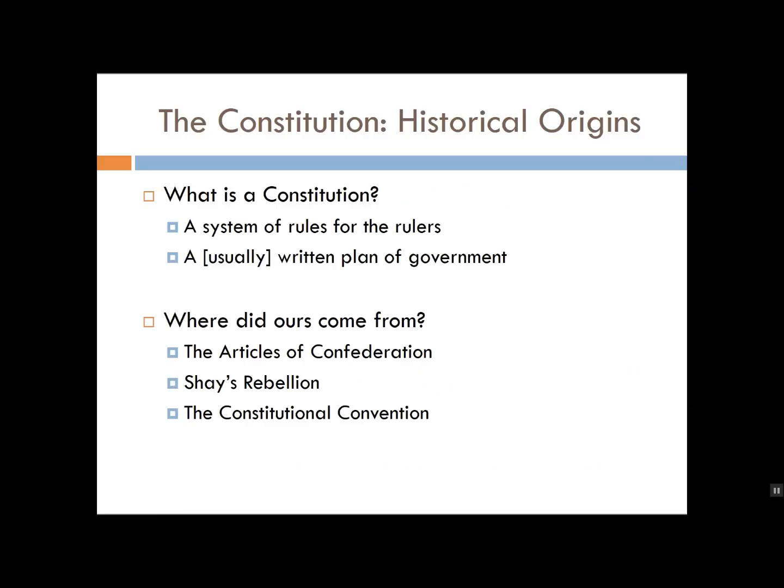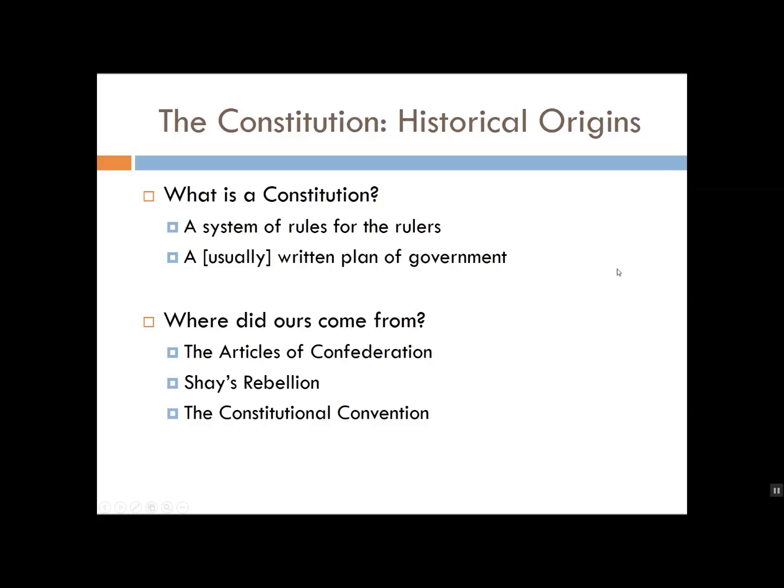Let's start our discussion of the United States Constitution by solidifying some of our general principles and then working our way down. What is a constitution? Well, a constitution is a system of fundamental principles determining the powers, duties, and operational procedures of a governing body. In other words, a constitution is a system of rules for the rulers.